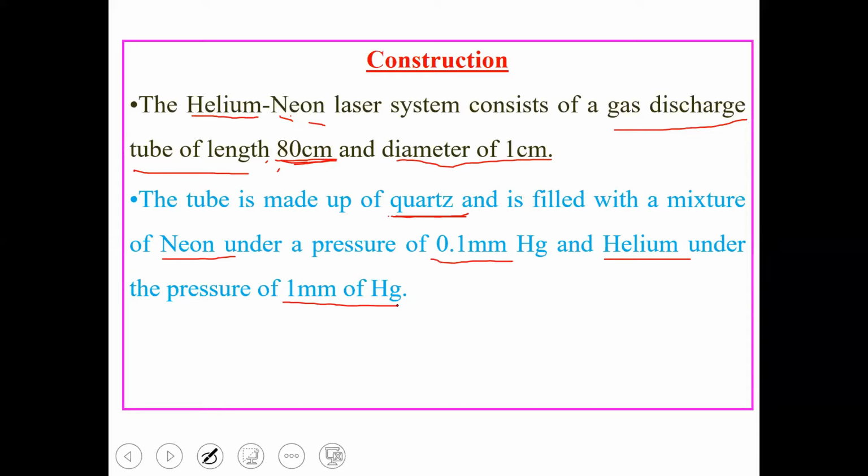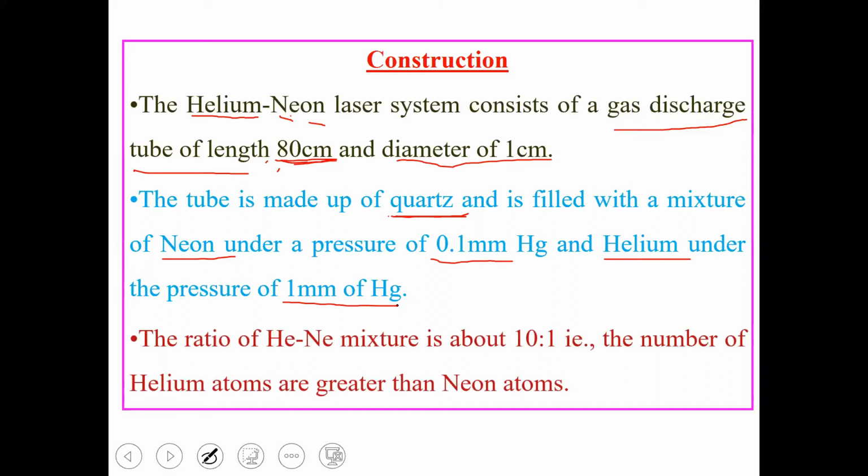The ratio of the helium neon mixture is about 10:1, so the number of helium atoms is greater than the number of neon atoms.